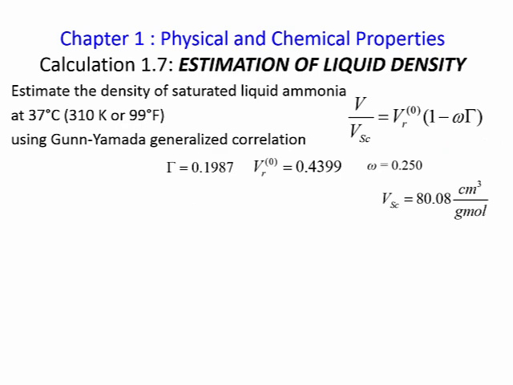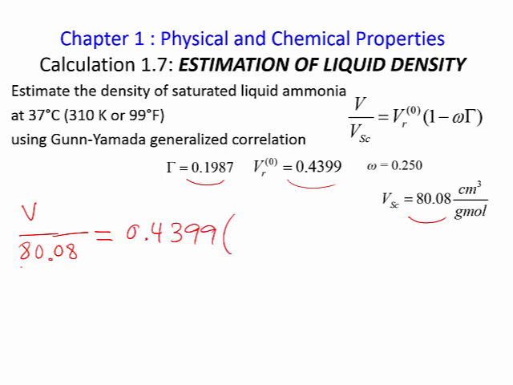Now, let's use the values that we have already calculated for these parameters in the equation to calculate V. V divided by VSC of 80.08 equals 0.4399 times 1 minus 0.25 times 0.1987.